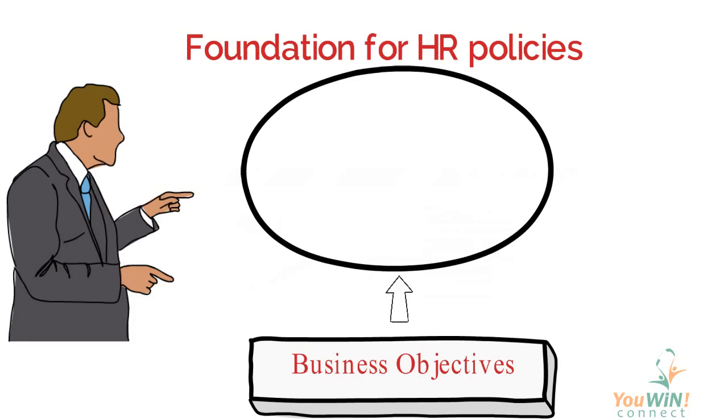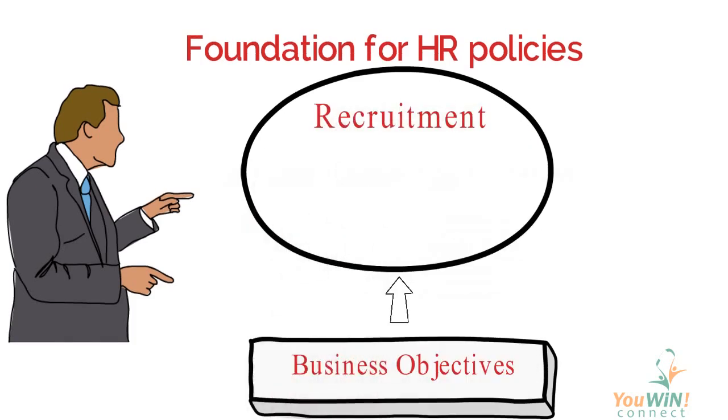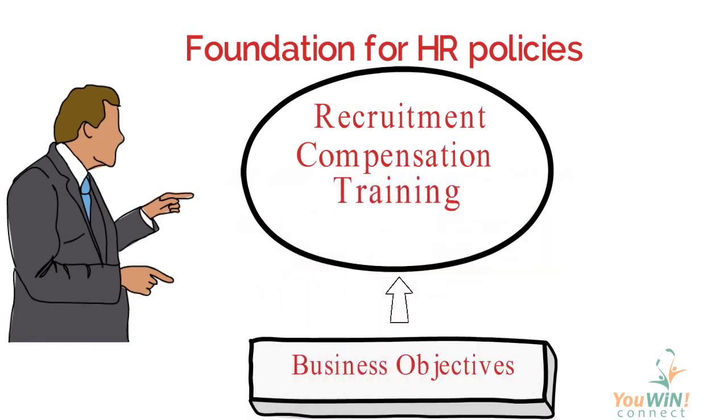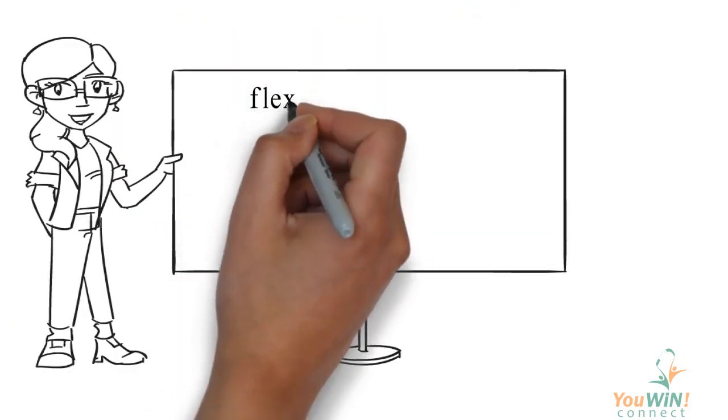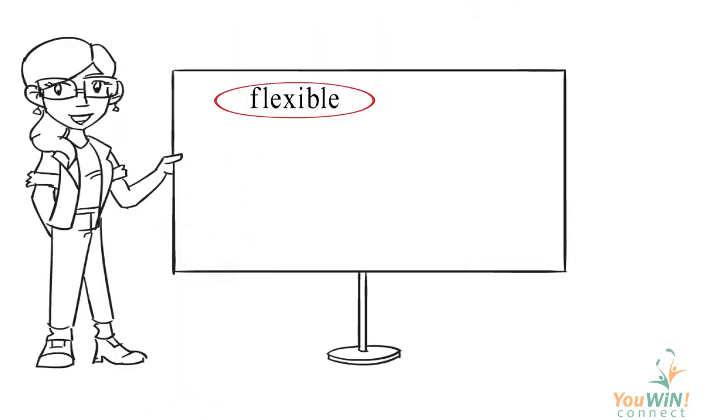Your HR policies, be it recruitment, compensation, training, appraisal, are not fixed regulations. These rather are flexible, and they are designed to suit each development stage according to the relevant objectives.